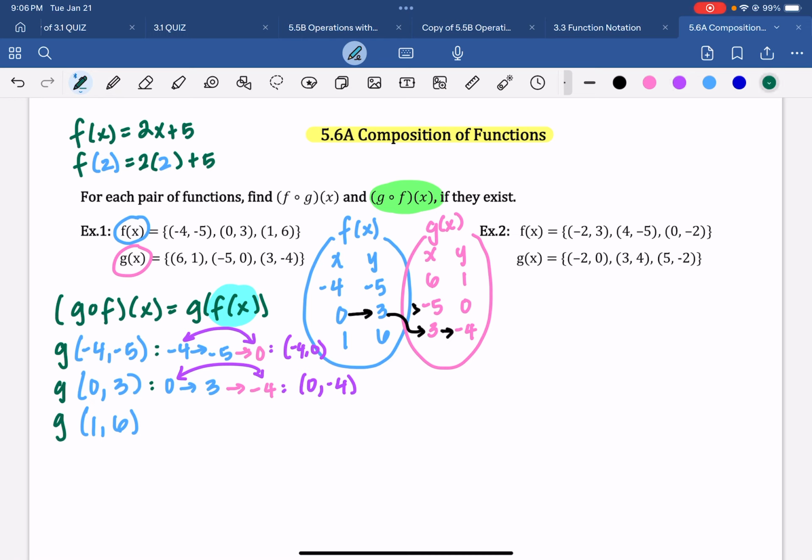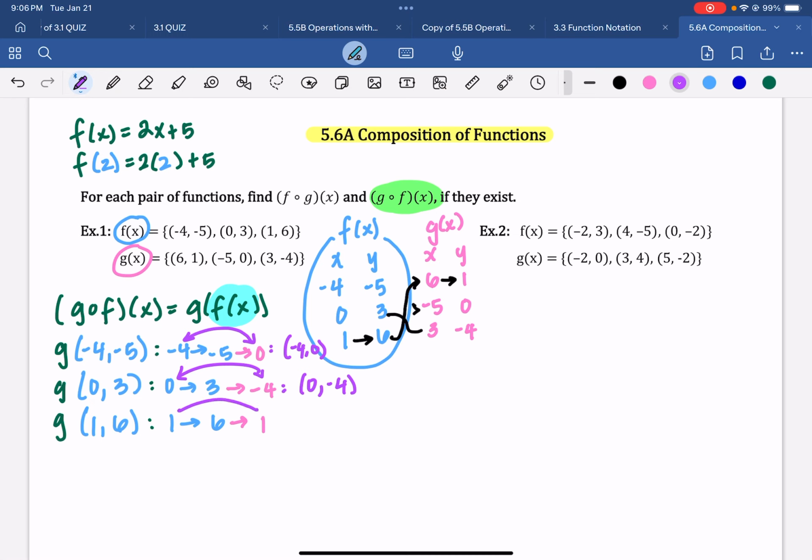And one more time, this time we're going to go from 1 to 6. From 1 to 6, we go here, and then we follow 6 into the g bubble, and we end up at 1. So 1 goes to 6 in the f, and then g takes that 6 to 1.